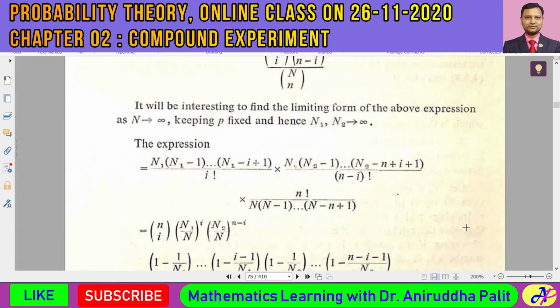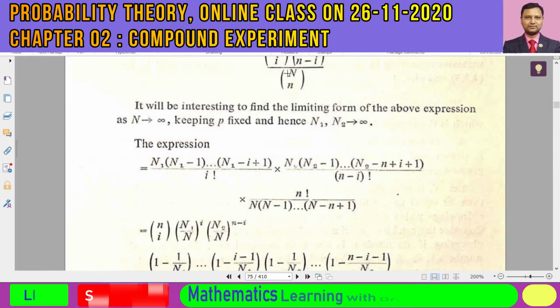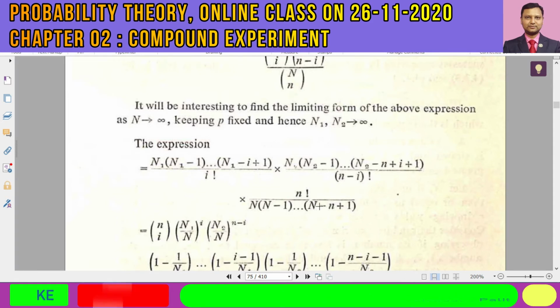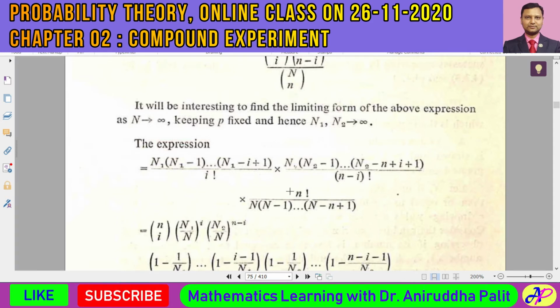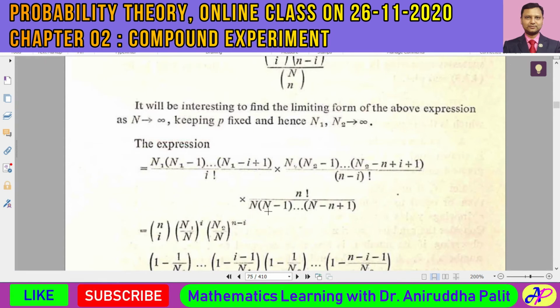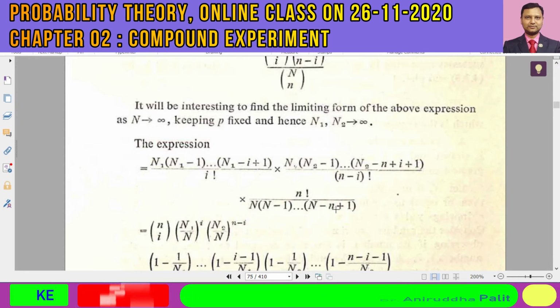And this expression N C small n can be written as, now we are writing the factorial of N in the numerator because it is actually a division. So factorial of N divided by N into N minus 1 dot dot up to N minus small n plus 1.